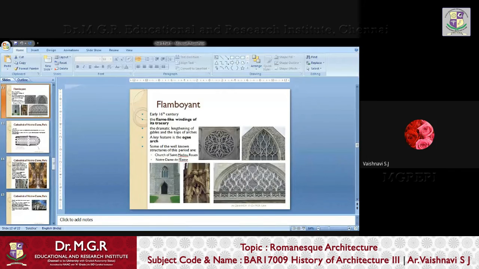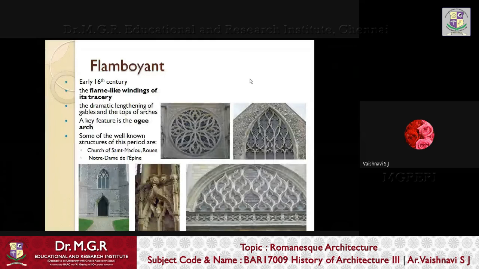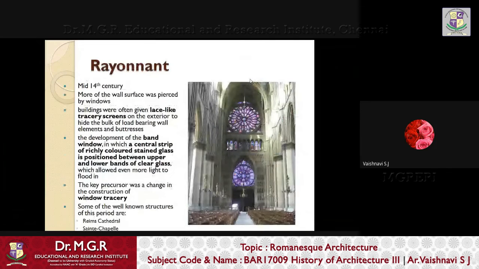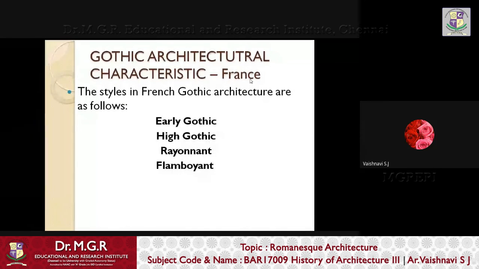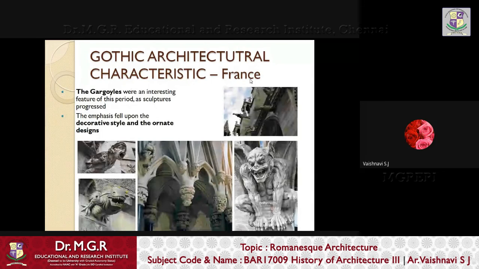High and low lying areas. If you understand the style till this, that okay, arches, we have seen four types of Gothic, French Gothic, which had used different styles.